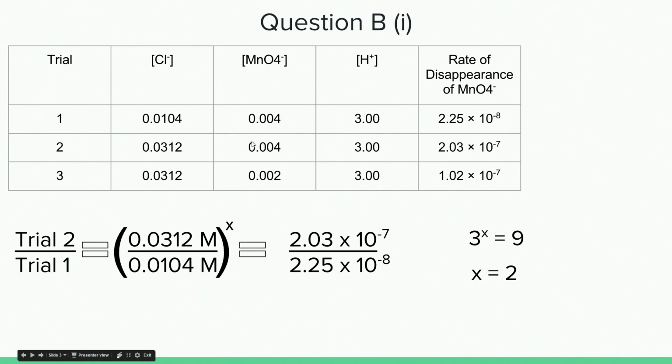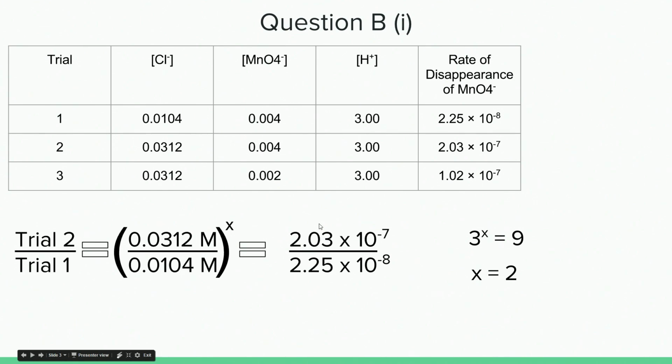We don't really have to include these values in the equation because they just cancel out. Trial 2 had 0.0312 and trial 1 had 0.104 molarity, so the molarity units cancel out. Then these values are the rate of disappearance of MnO4.